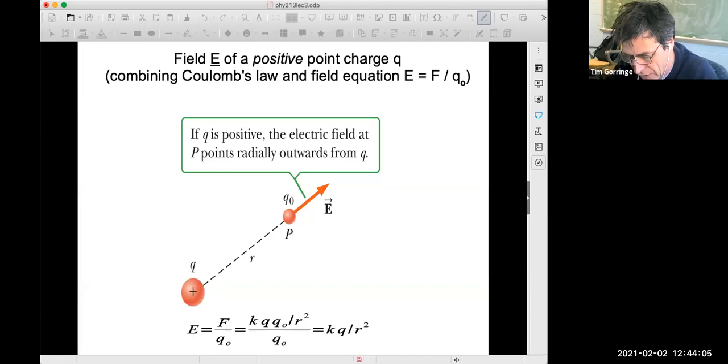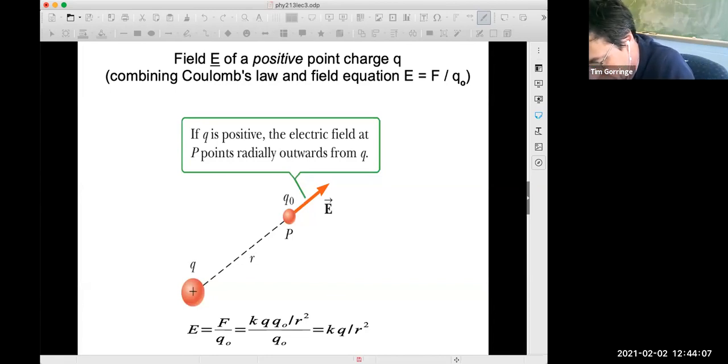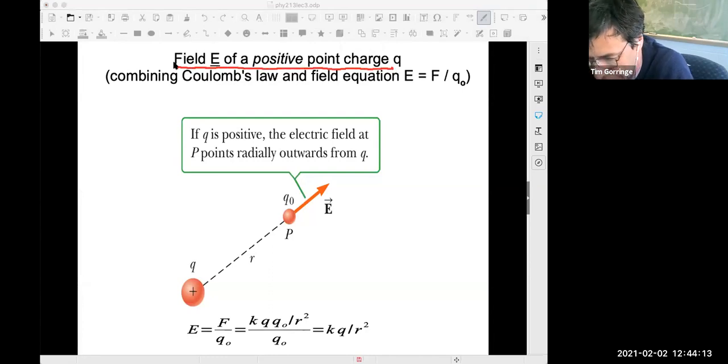And so that's what I've sketched here. So this overhead is the electrical field of a positive point charge. And down here on the bottom left, here's the positive point charge.